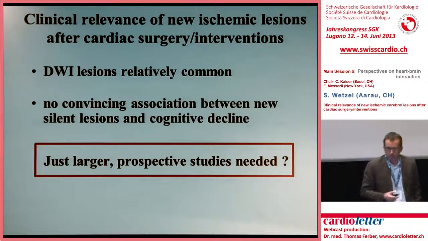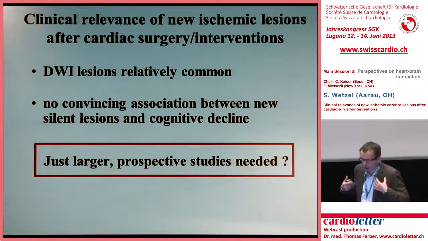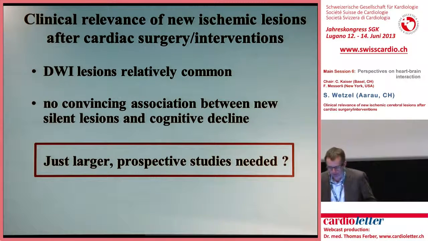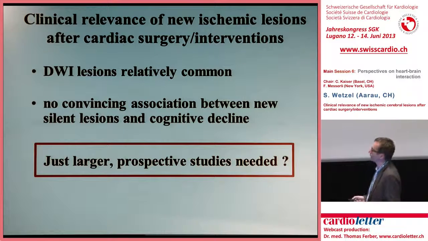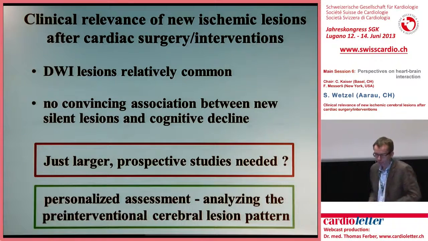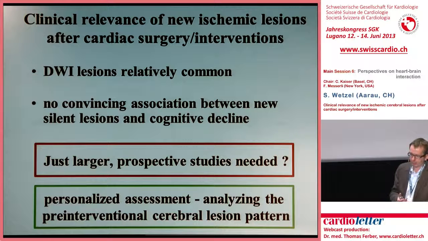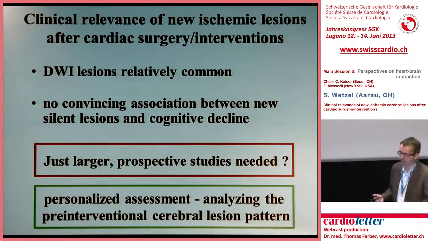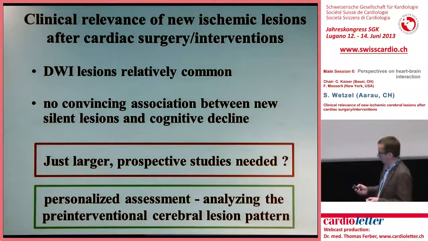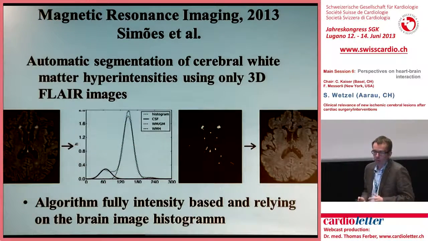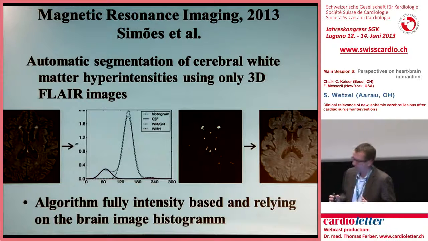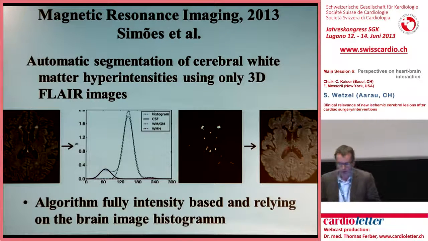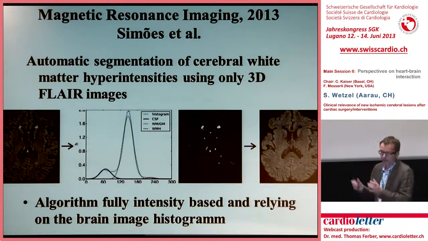Now, would it be meaningful to say we now need larger prospective studies? I don't think so. It wouldn't be of help for individual patients. I think what should be done is a more personalized assessment and analyzing the pre-interventional cerebral lesion pattern. And we have now in neuroradiology the possibility to segment the brain and the lesions in the brain very fast in a computerized way.